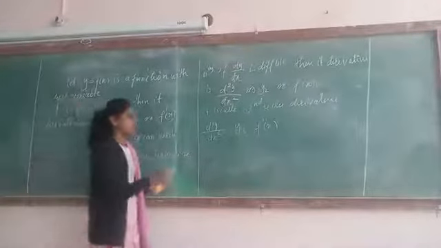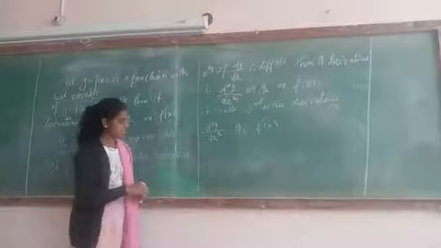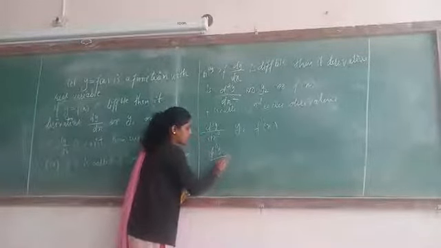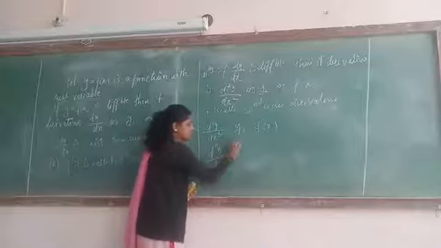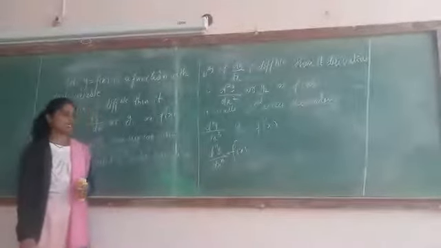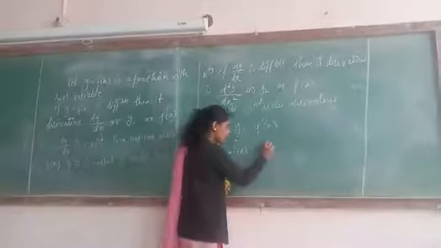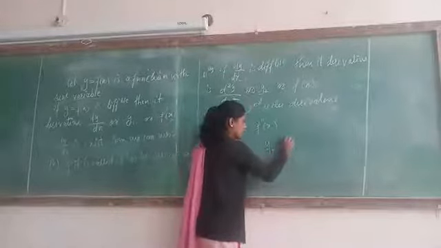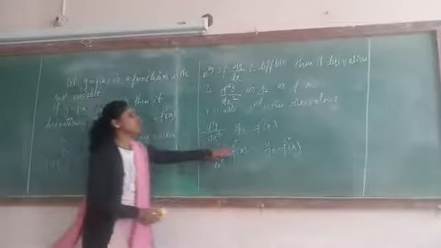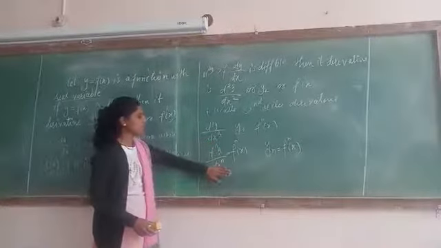So in general, we can write the nth derivative as d to the power n y divided by dx to the power n, and this is the nth derivative of f of x, that is d to the power n y divided by dx to the power n is equal to f to the power n of x, or we can write yn, which is again f to the power n of x. They are the same; we have only written yn, and yn means d to the power n y divided by dx to the power n.